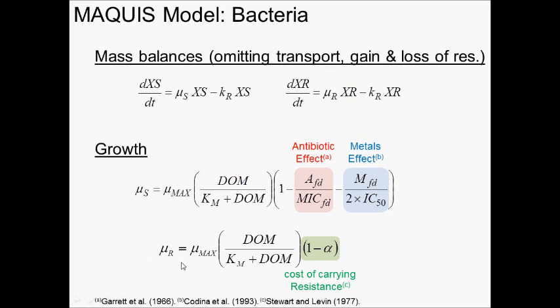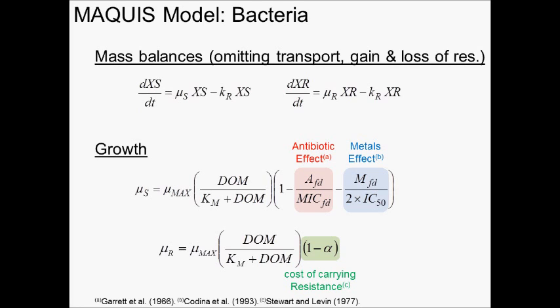The resistant bacteria has a similar equation to begin with. There is a maximum growth rate, and then there's limitation by dissolved organic matter, but there's no effect from the antibiotics and the metals, right? They are not affected because they're resistant. However, the resistance comes at a cost.